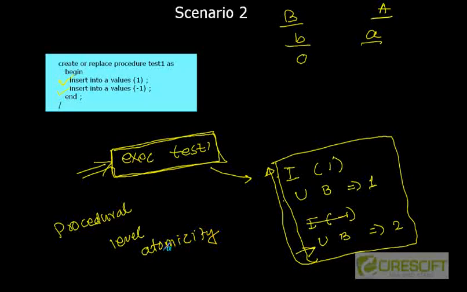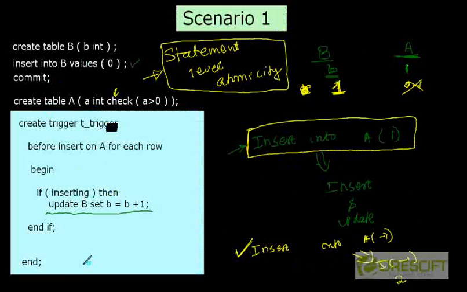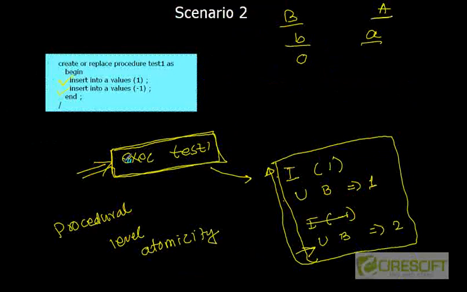If you compare procedural level atomicity with statement level atomicity, in the statement level case that one statement just went fine. But if I put them together and execute a procedure like this, then for the procedure to be successful, everything should go properly.